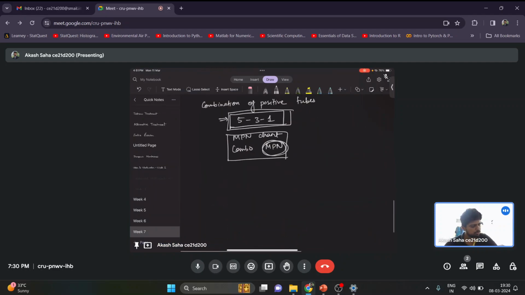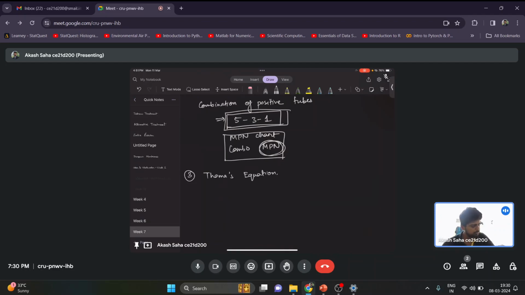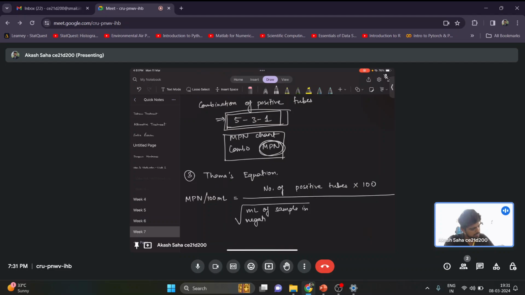So now the third question. If you see the Thomas equation, it's something like this: MPN per unit ml equals the number of positive tubes divided by the square root of the ml of sample in negative tubes, multiplied by the ml of sample in all tubes.